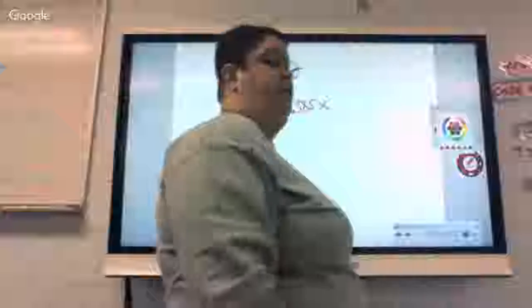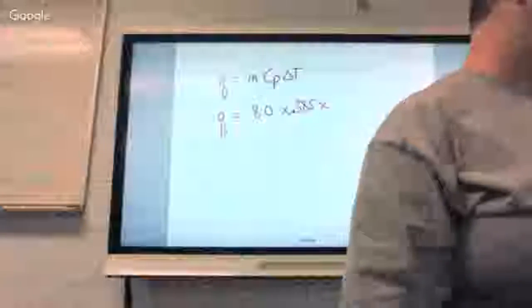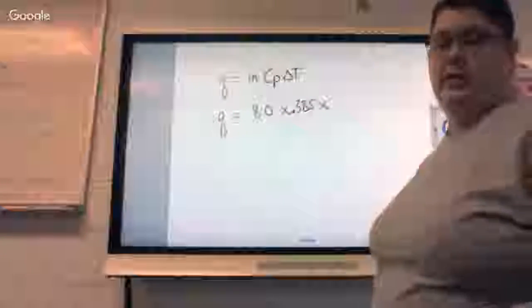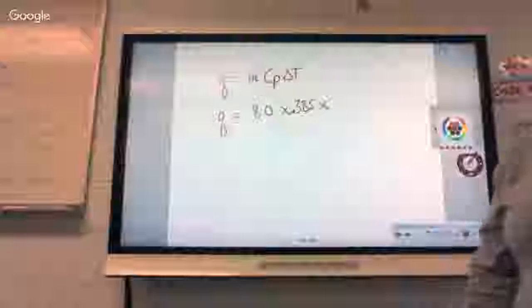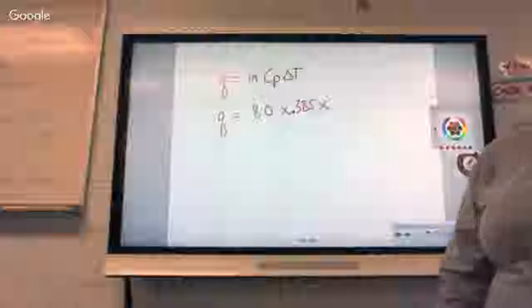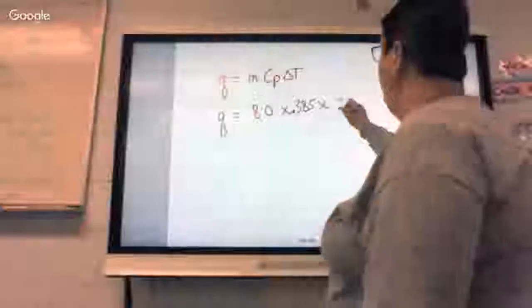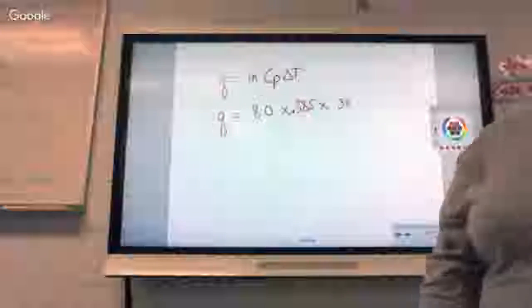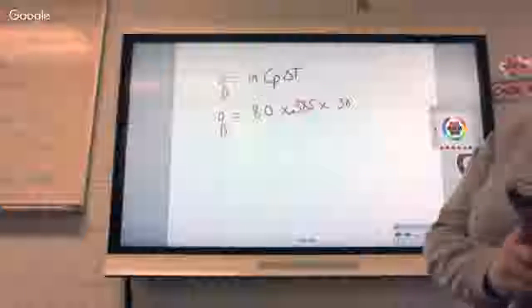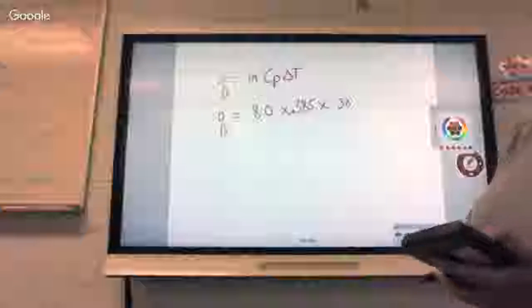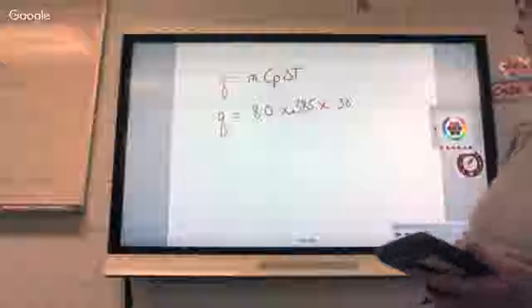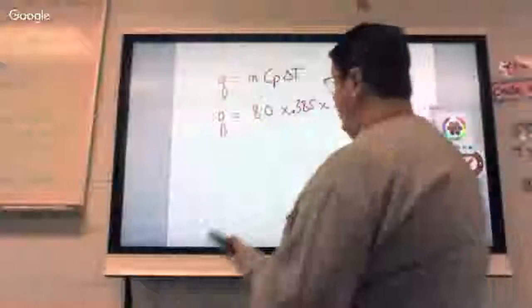And then what do I do to find my delta T? So what 2 numbers did they give us to subtract in number 3? So what do I get? So what do I do to find this answer? That's it. So 8 times 0.385 times 30, and I get 92.4.